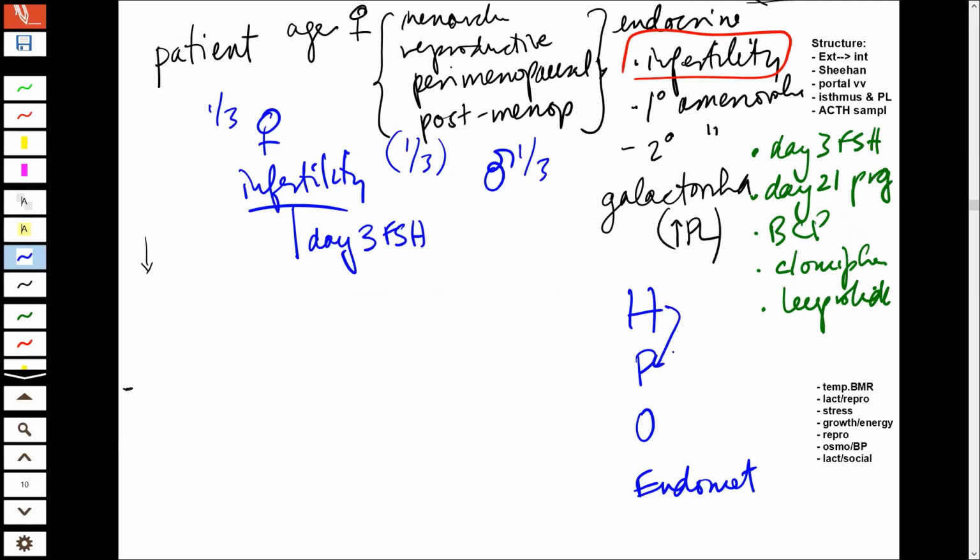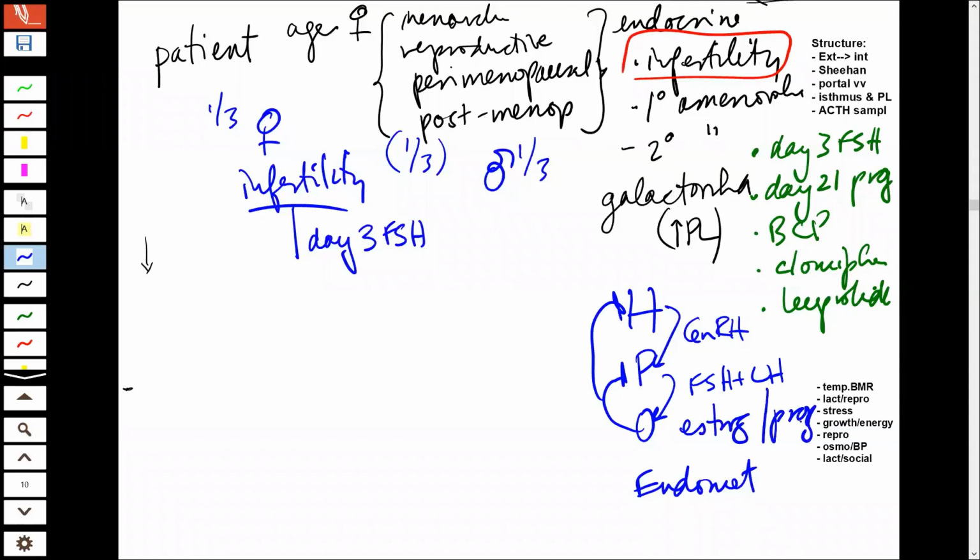So the hypothalamus is going to release gonadotropin releasing hormone. The pituitary is going to release FSH and LH, and the ovary is going to release estrogen and progesterone.